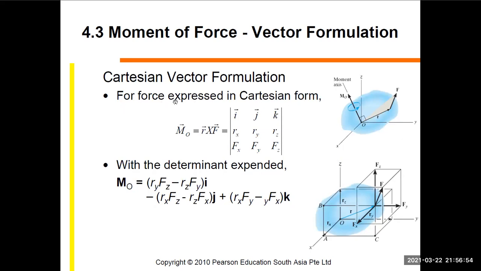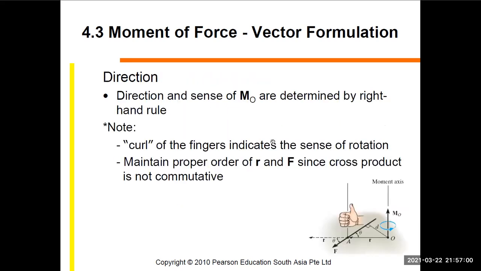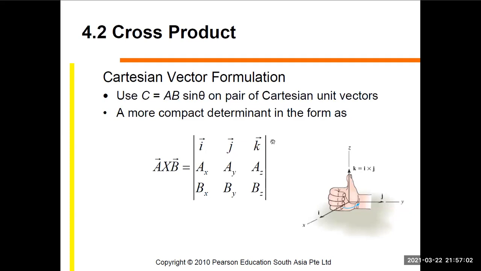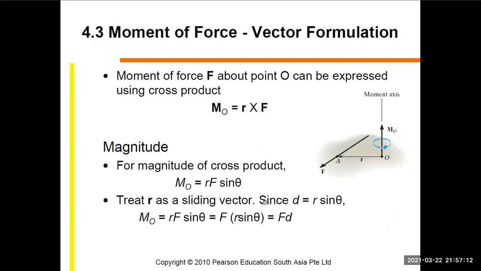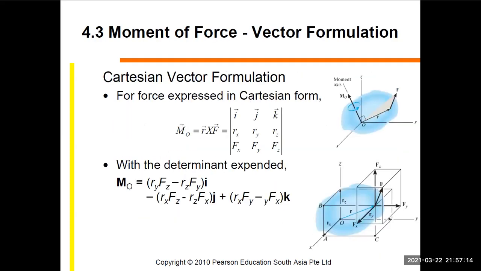So for a force expressed in Cartesian form, R cross F, as we did before with A cross B, is the determinant with rows i j k, R sub X, R sub Y, R sub Z, F sub X, F sub Y, F sub Z. Same thing: instead of A we have the R components, instead of B we have the force components. So this is how to get the determinant. This is the moment about O, determined from this matrix.